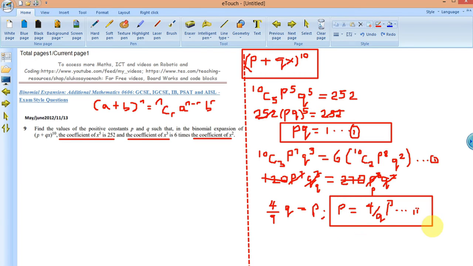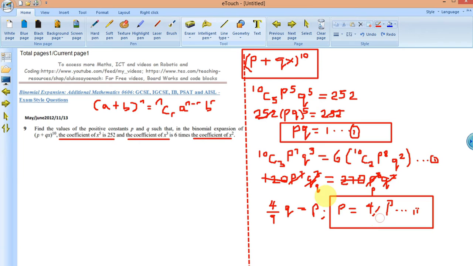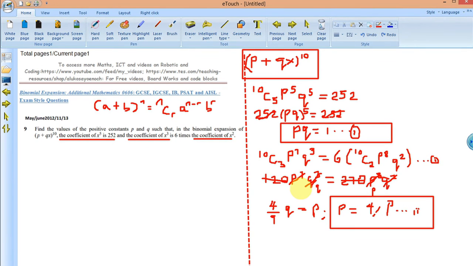Now from here I can do something very interesting. Since I know that p times q is 1, I can go ahead and substitute for the value of p in equation 1. Anywhere I see p, I can put 4 over 9 q. This is 4 over 9, right?